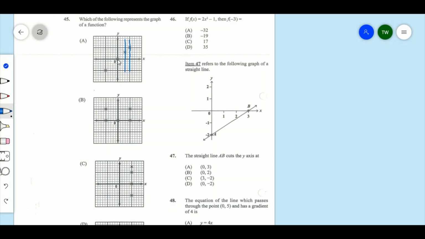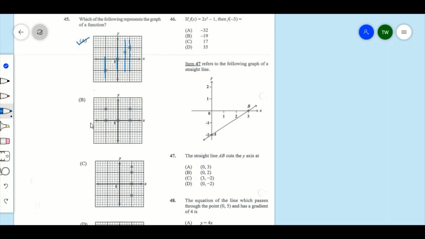If I pick this point here and I draw a straight line through it, it will only pass through that point. And if I pick this point down here and draw a vertical line through that point, it will only pass through that point. So right away, A passed the test, so A would be our answer.